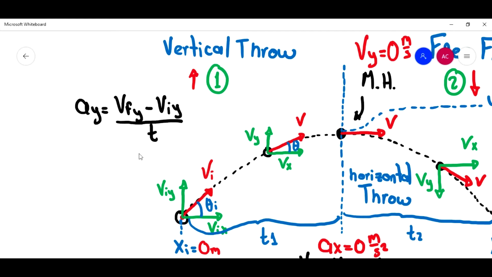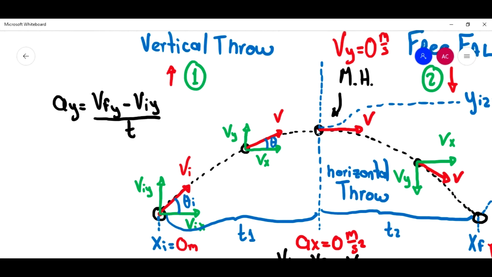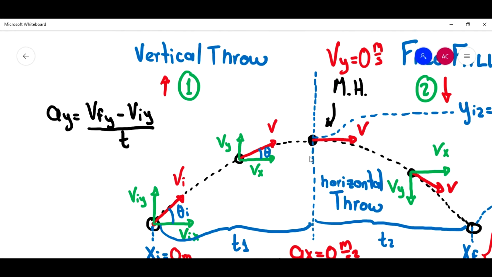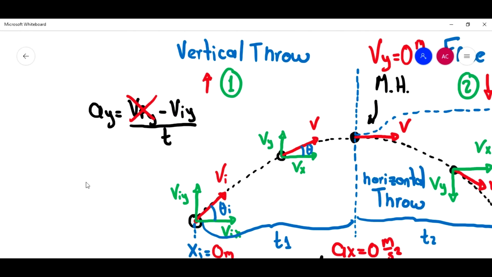But for segment number one, this is the initial velocity in y and this is the final velocity in y. The velocity in y at the maximum height is 0, so this is going to be canceled. So I'm going to have acceleration in y equals negative initial velocity in y over time.